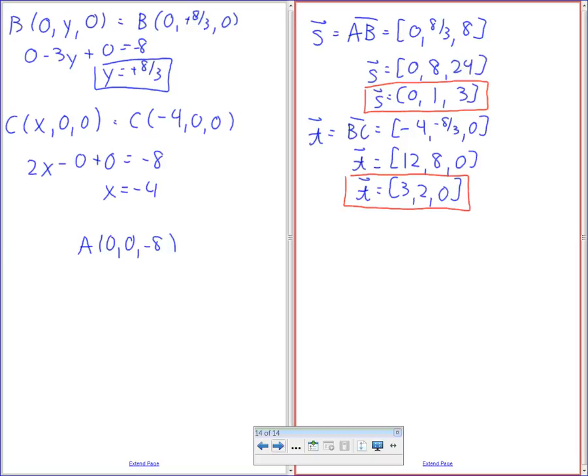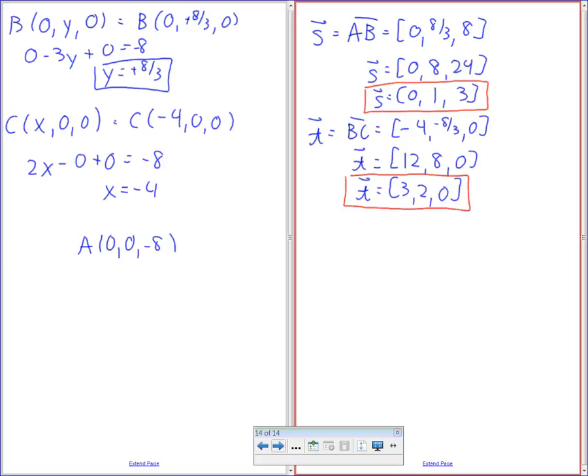Every point will make, unfortunately, the parametric and vector equation of the plane different. The scalar equation of the plane will always be consistent, which makes it nice. But depending on what points you pick as your direction vectors, they'll all still make the same plane, versus the scalar, which won't be different.